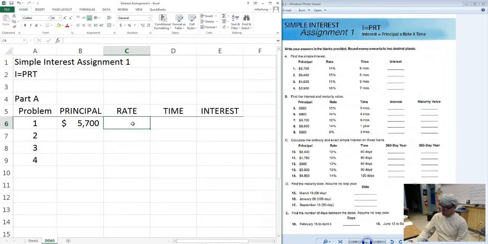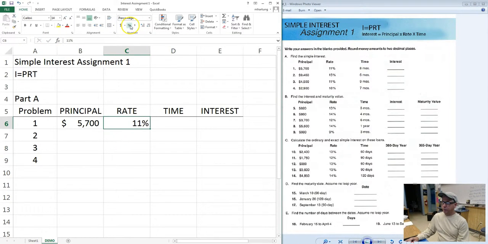We can put it in as a decimal, which would be 0.11, like that. The other way we could do it is we could click percentage and then just simply type 11. Or we could put 0.11, check mark.